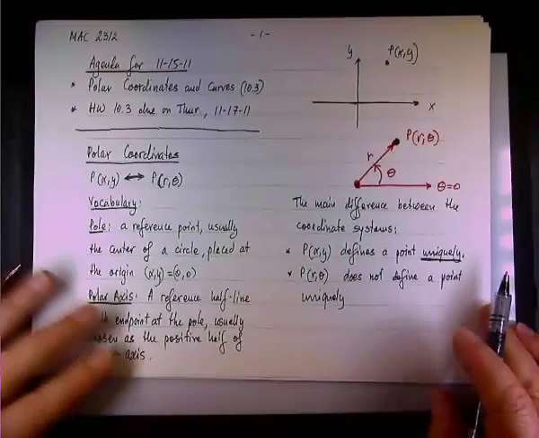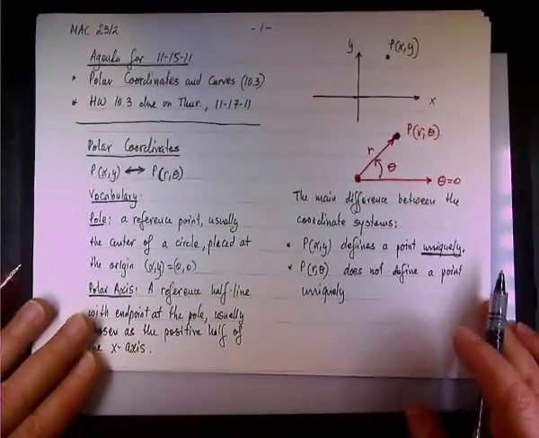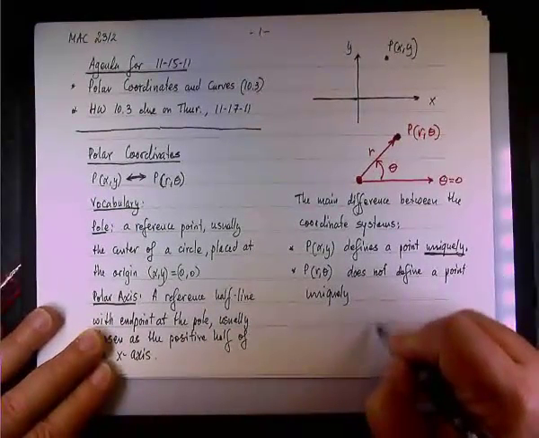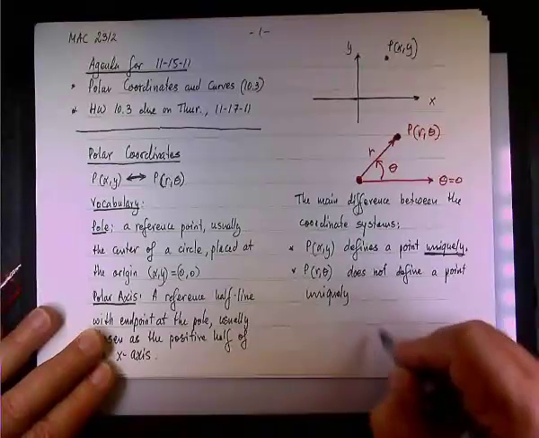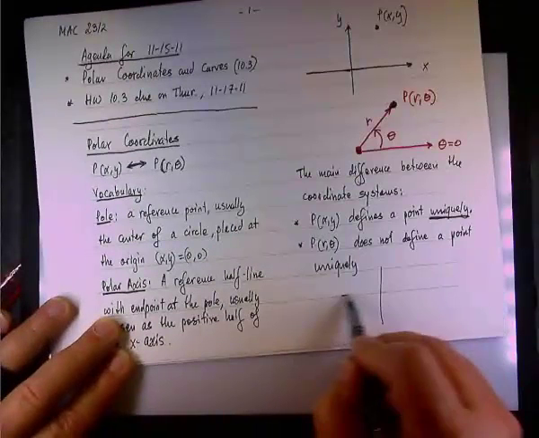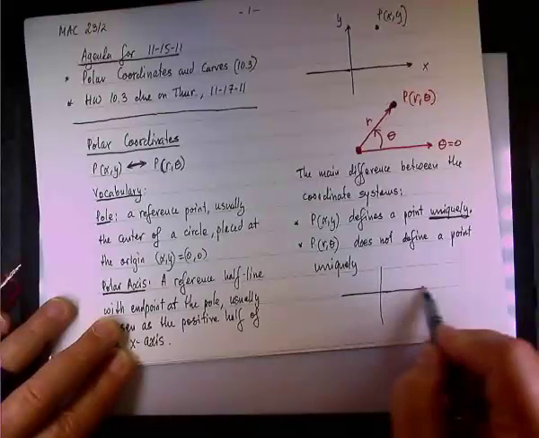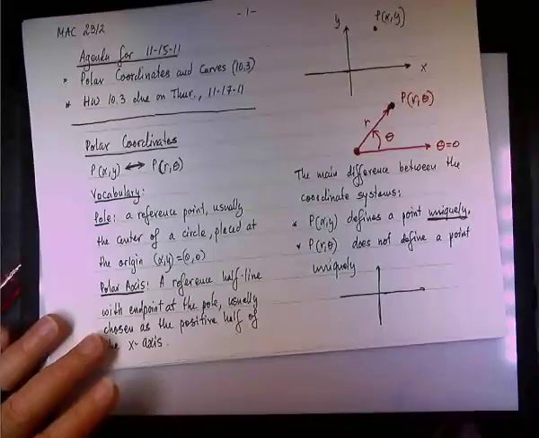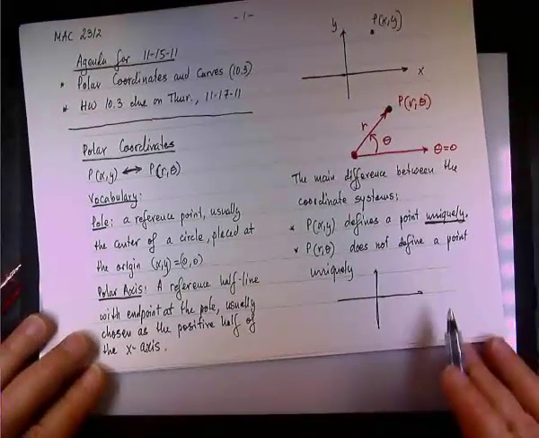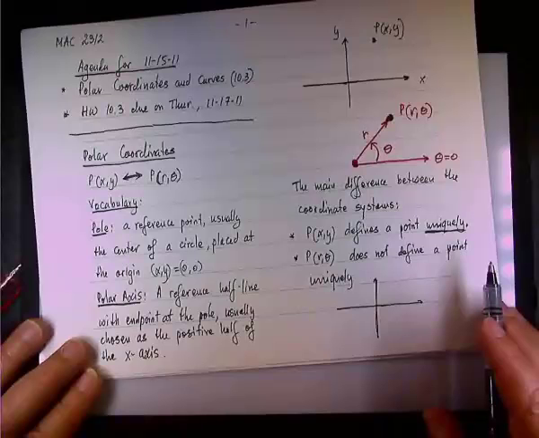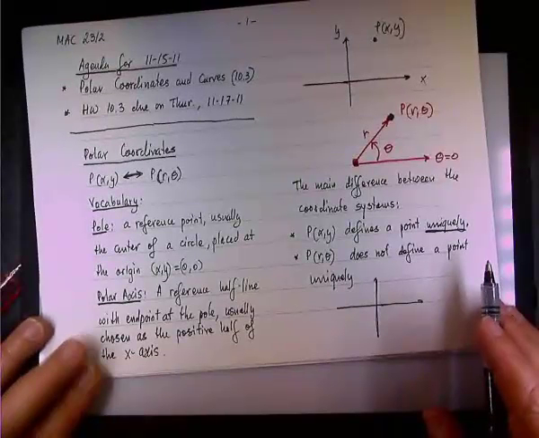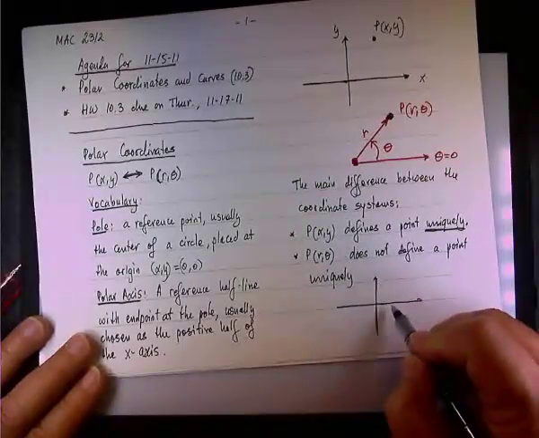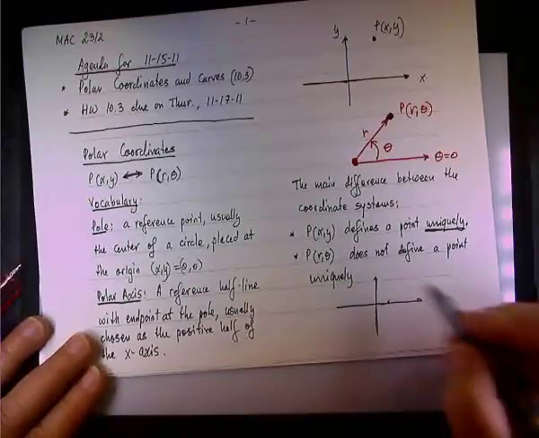Let me give you a little example. Let's pick a point on the system that looks like this. Let's say this is the Cartesian system, and I'm picking the point 2 and 3 pi over 2.